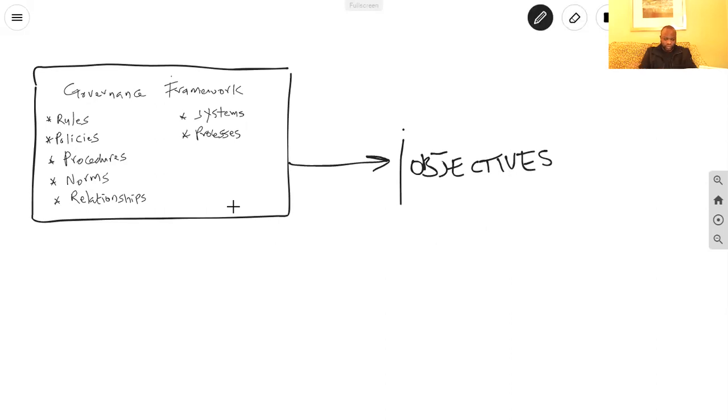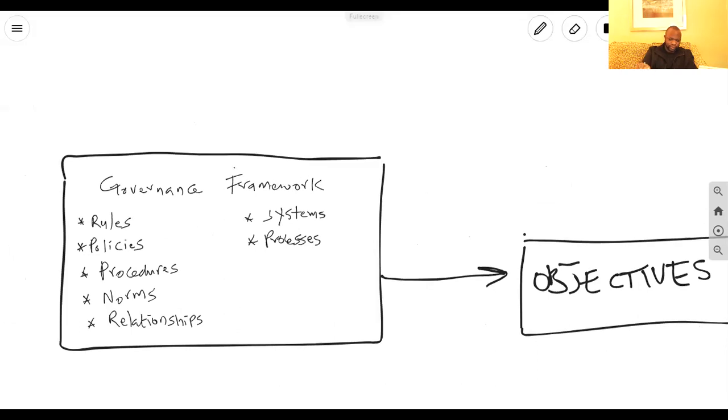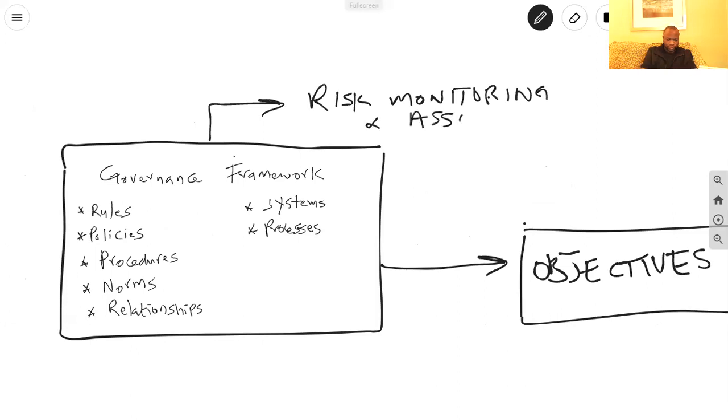They're trying to tell you that the governance framework influences objectives. It also influences something else. The R word, risks. How risk is monitored and assessed. Risk monitoring and assessing.